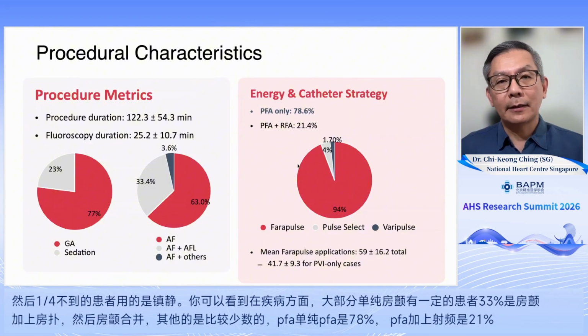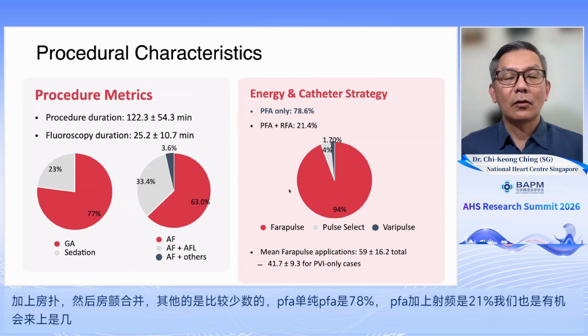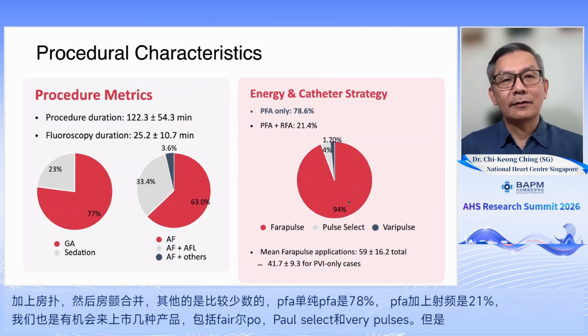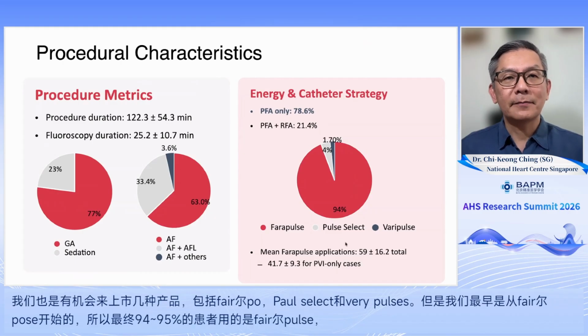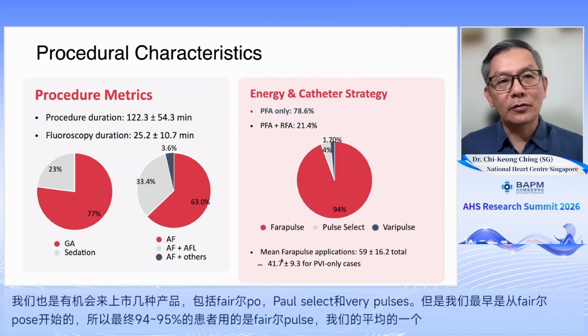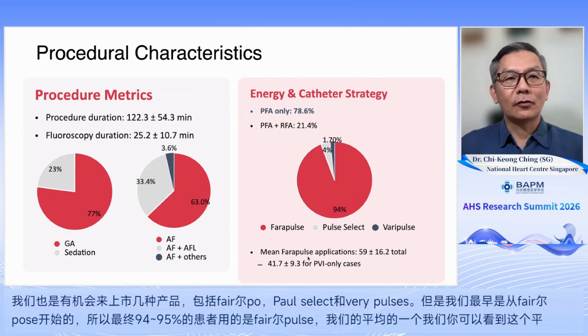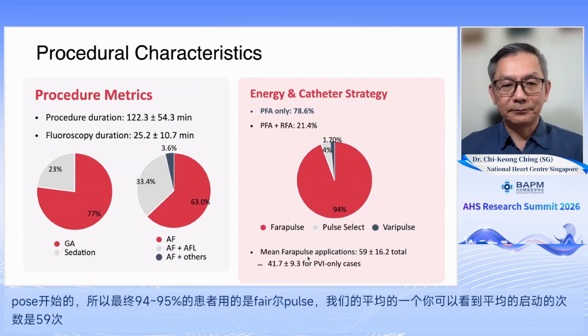We had the opportunity to introduce Pulse Select and VeriPulse subsequently, but as we've been an early adopter for VeriPulse, 95% of patients underwent VeriPulse PFA for AFib. And for VeriPulse, the mean applications were about 59 for all cases. If it's PVI only, mean application of just 41.7 or 42 applications for those who underwent PVI only.